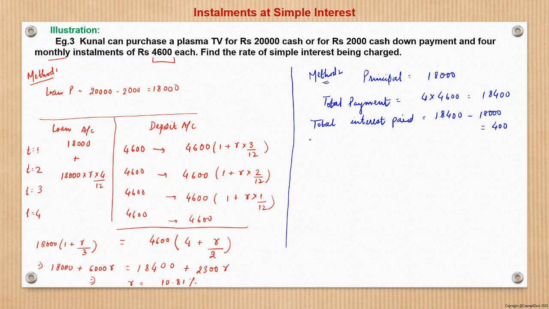Now again same way we will see what is the interest during first period. So that will be nothing but 18,000 into, for 1 month it will be r by 12, right? So this is nothing but 1,500 r.